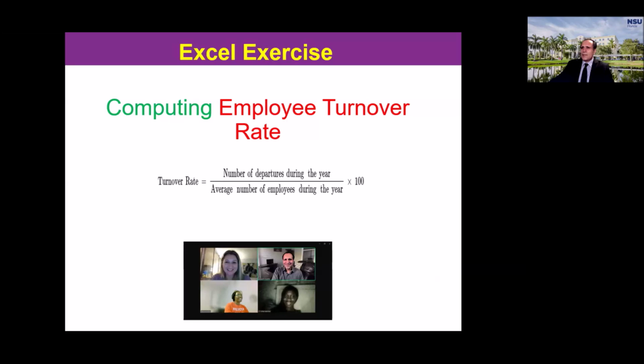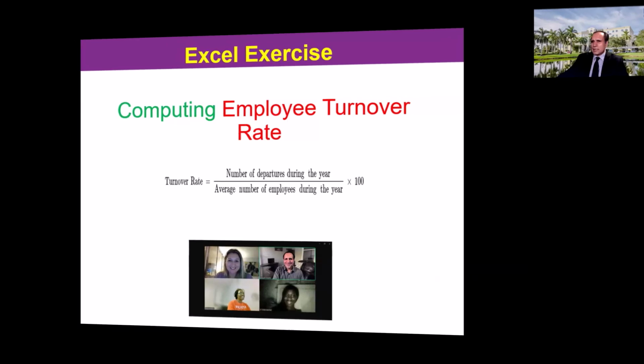And when you have data in an Excel file, for example, you can compute the employee turnover rate by dividing the number of people leaving every single year by the average number of employees that have been working with the company, and you multiply that by 100 to get a percentage.